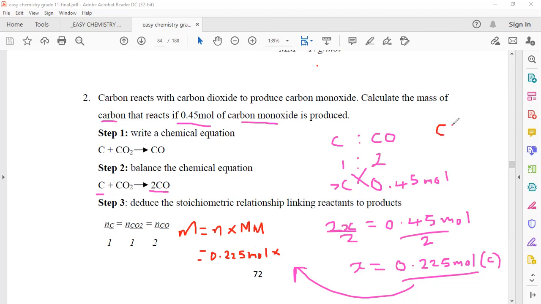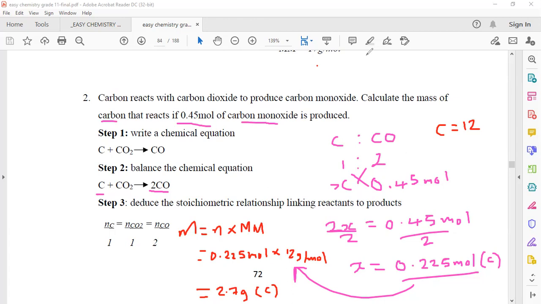The molar mass of carbon is just 12 grams per mole. So this would give us 2.7 grams of carbon. That is how simple the stoichiometric relationship is.